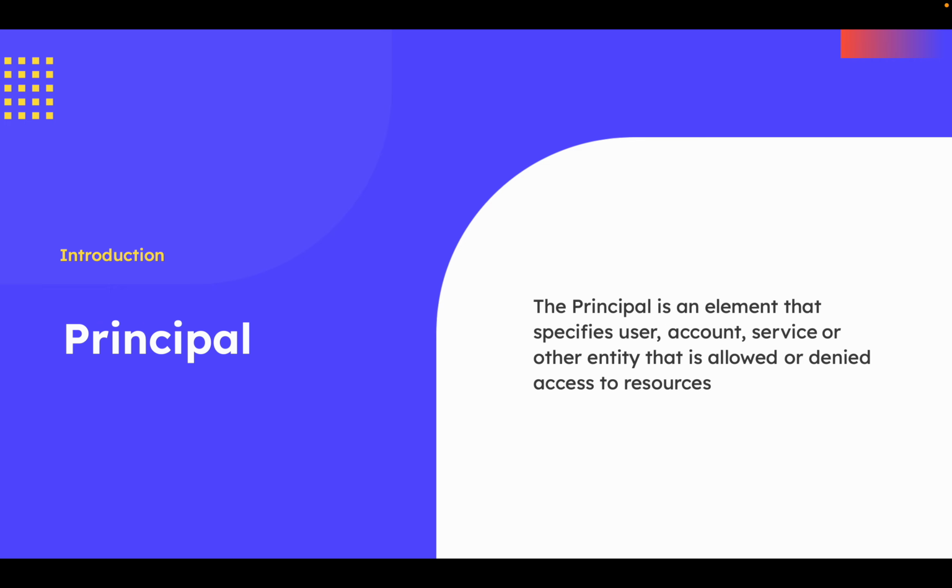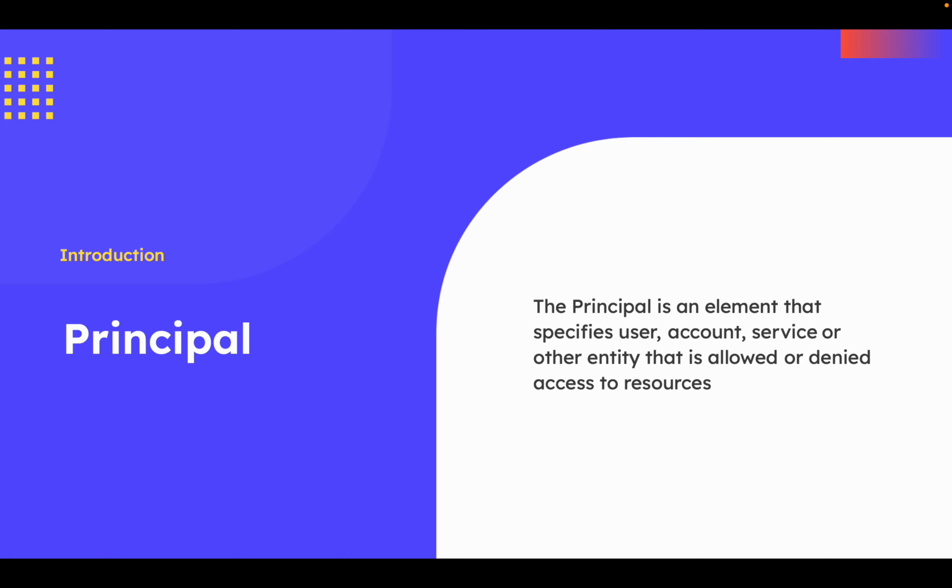Another term is the principal, a general term which specifies any user, account, service or other entity that is allowed or denied access to resources. So it's a general term that we use for users, accounts or services. This is also a very important thing.